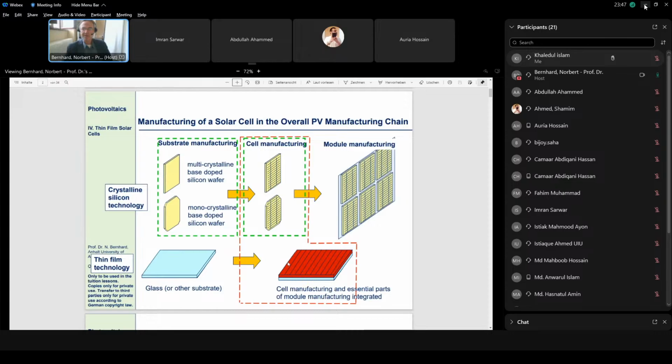Here I mean just the spectral response of the two solar cells. The amorphous cell and the microcrystalline cell are compared to the sun spectrum as it's offered. You can see the amorphous silicon cell uses this blue part of the spectrum, whereas the microcrystalline silicon cell uses this pink colored part.